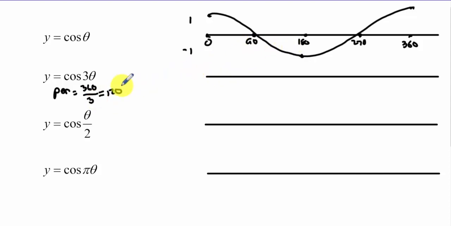So what I do in this case is I know my first 90 degrees interval is going to compress to 30. My next 180 is going to be 60, then 90, and then 120.